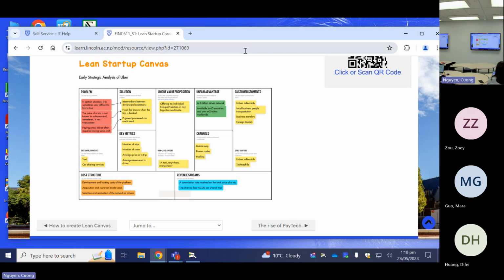So in this case, you must figure out they have a 3 billion driver network. That is 3 billion car users, and these car users usually have smartphones in order to communicate with customers. So they list them.